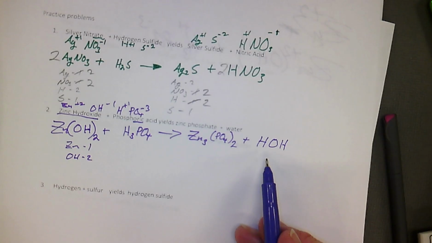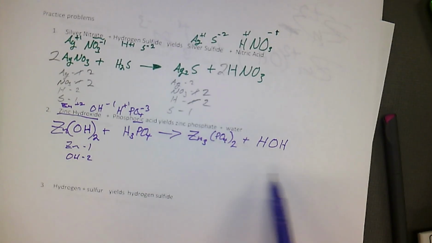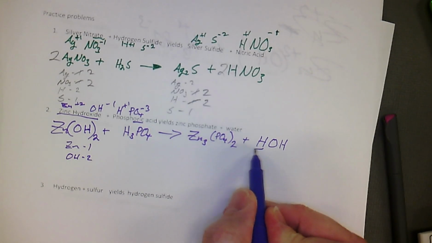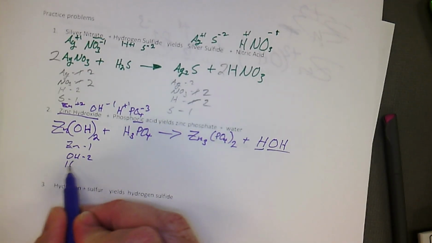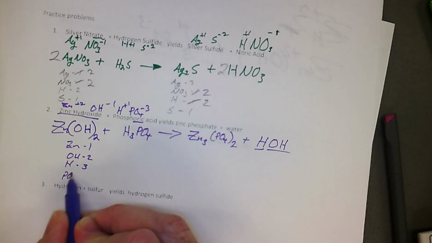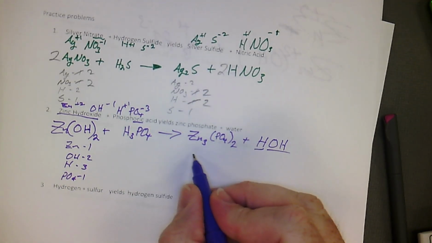Yeah, we can. Yeah, that's why we do it this way. All right. Her question was on the other side, because it's not like zinc hydroxide, can I still write it as OH? Yeah, that's why I have you write it as HOH instead of H2O. Because let's go ahead and finish this side. We had H, we had 3, PO4, we have 1. All right.